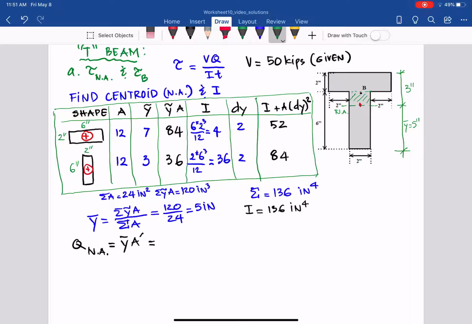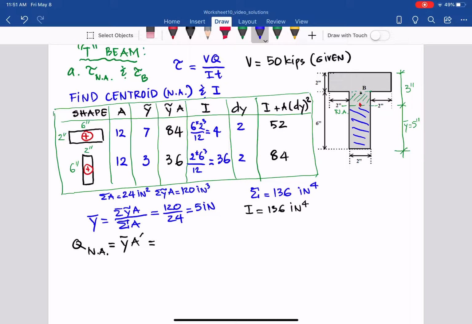The other way, I forget about the top, because from the neutral axis you can go to the topmost fiber or to the bottom. Q will be the same if I instead find these areas, which are also the outward areas. Either way, you get the same answer.